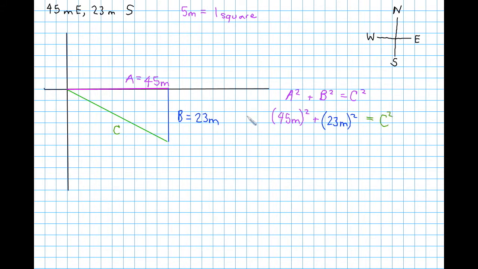Now I can just square these, and 45 squared is 2025 meters squared. Remember, our units get squared too. Everything inside here gets squared. And my B is 529 meters squared, and that's still equal to C squared. Now I'm going to add these two together, and I'm going to get 2554 meters squared.